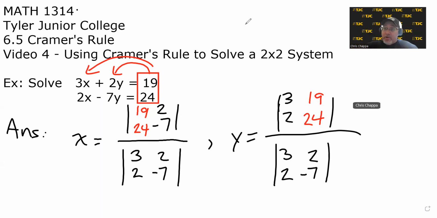But for the numerators, and listen very closely, on the x, you replace the x coefficients, and on the y, you replace the y coefficients. So if you can get it set up, then you're practically home free. And I'm going to type these down here because it'll be a little bit cleaner and possibly have enough room.